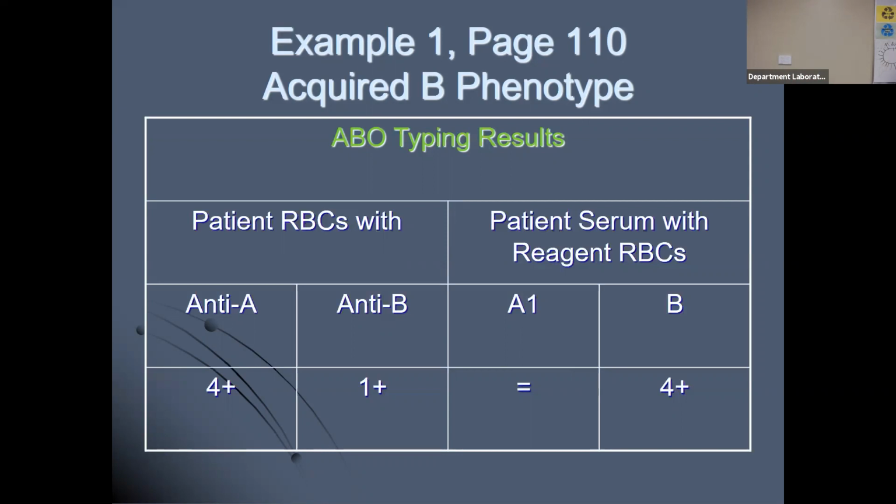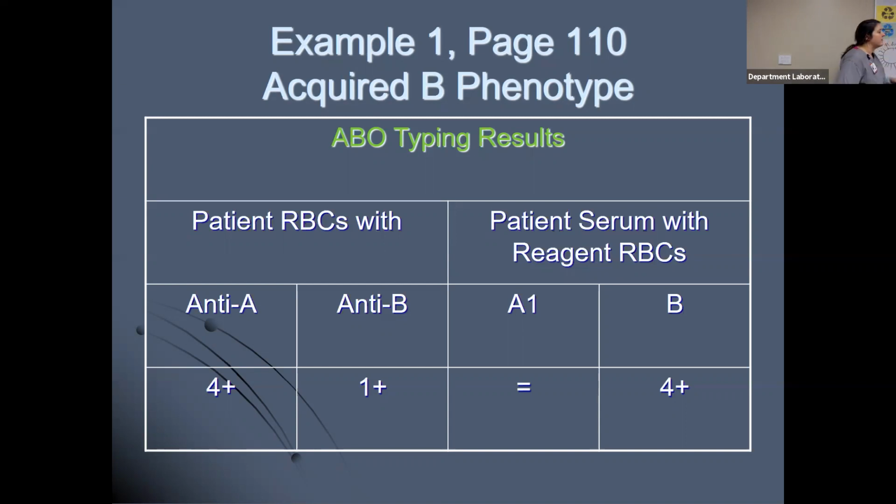Does that match your front type? No. So which of our reactions do you think is causing the problem? Anti-B, this 1+ reaction here is the discrepancy. So what this probably is, is a patient that has acquired the B antigen. We call this acquired B.